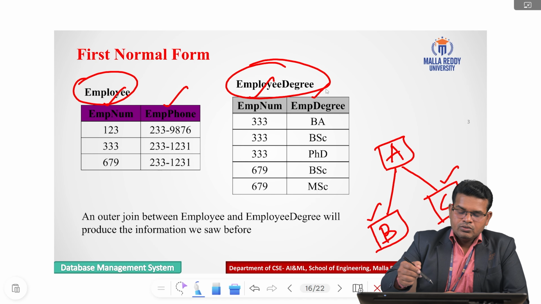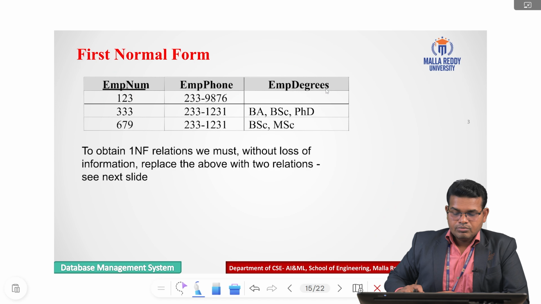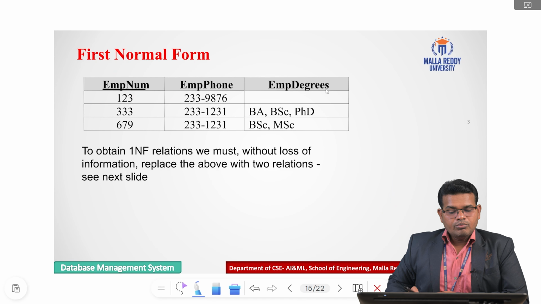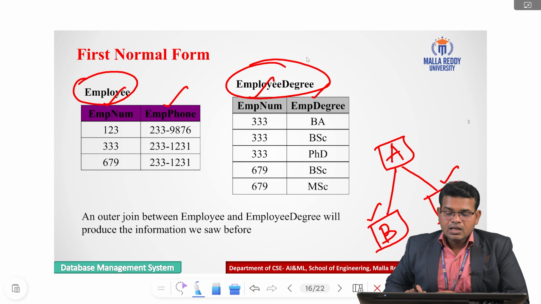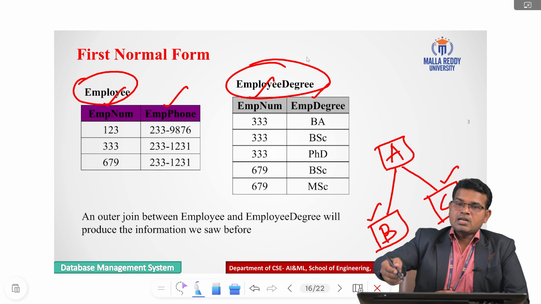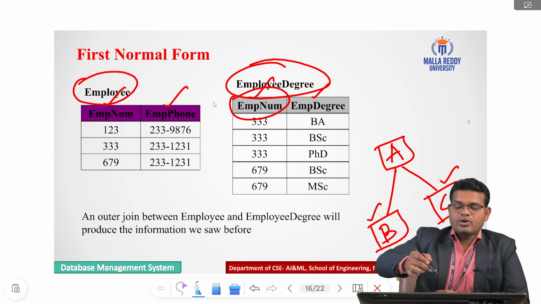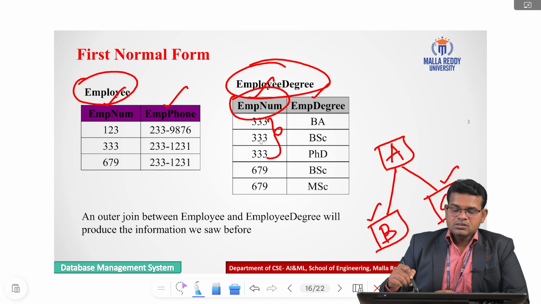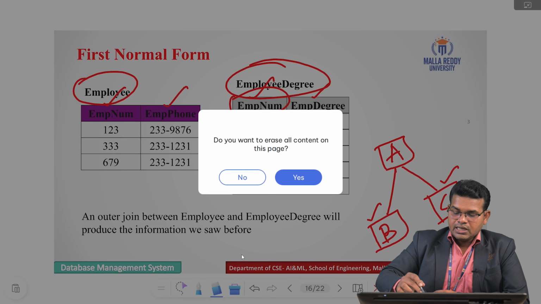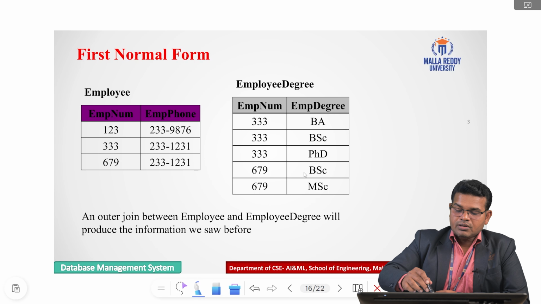Now, if you see, according to the previous table, employee number and employee phone number have atomic values, single valued attributes. The problem is with the employee degree only. Now, employee degree can be separated in another table with reference to employee number. So, the employee who has employee number 333 has multiple degrees. That means 333 has to appear multiple times in the table.